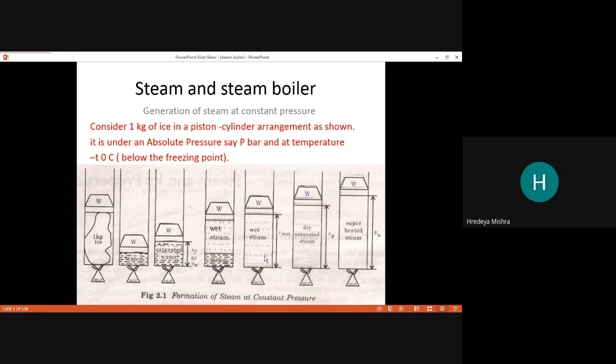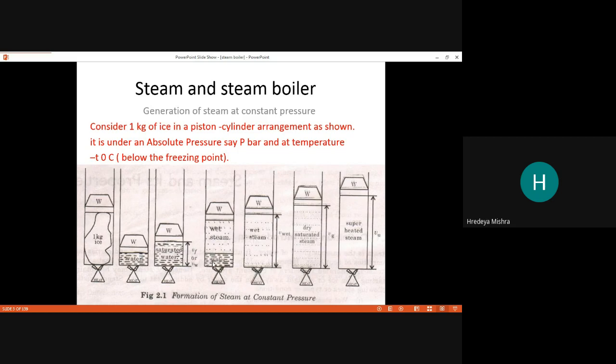Phase change means water is converted to steam. Here you can see that all the water is converted to steam. Here is the ice stage, this is your 1 kg of ice, and now the ice is converted to water, and now water is converted to saturated water, and after that steam generation starts.